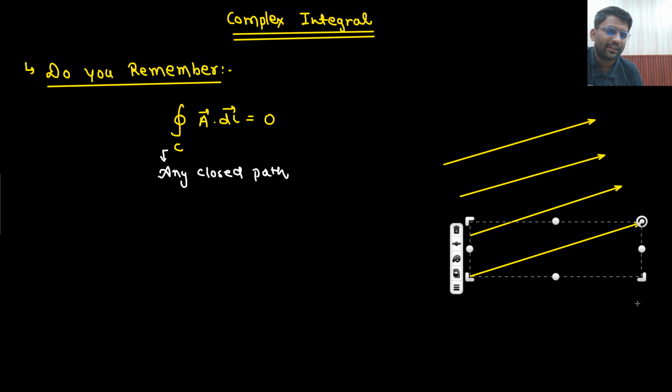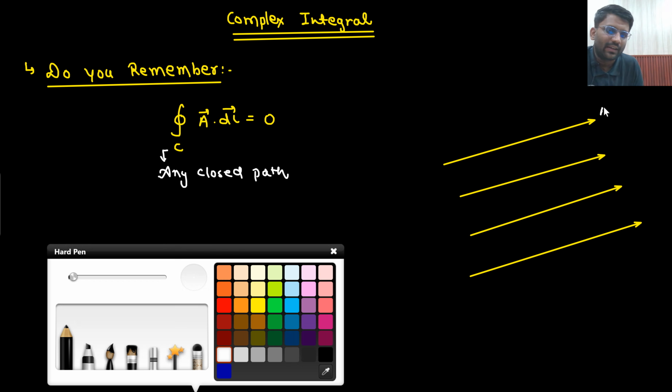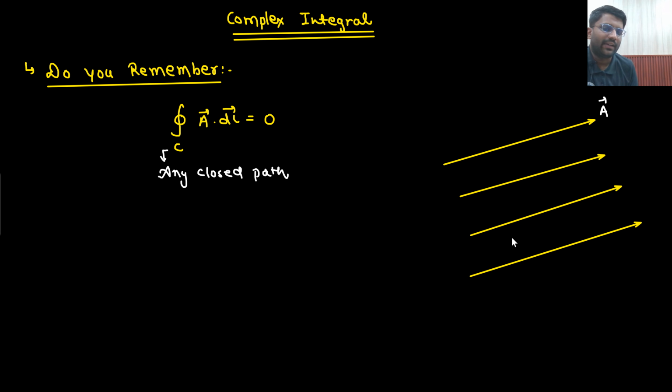Say I am going from point P to point Q along different paths, and if I take a closed path C here and calculate A dot dl across it, I will get 0. So the closed line integral in the presence of a conservative vector field will always come out to be 0.